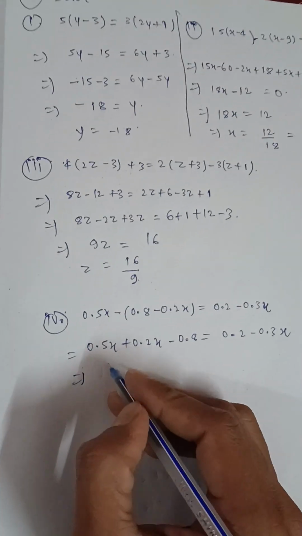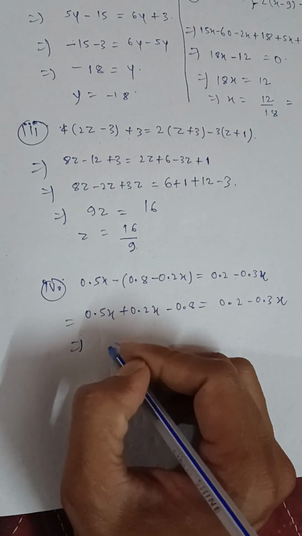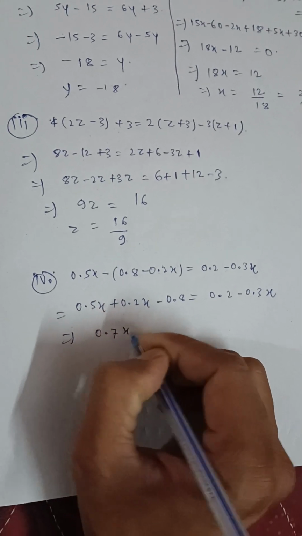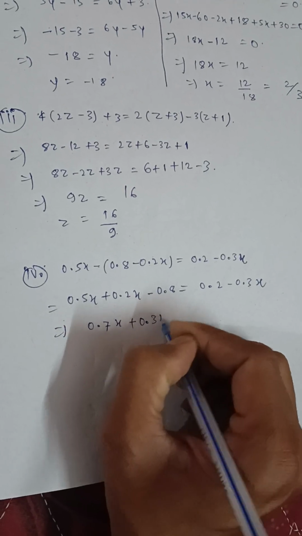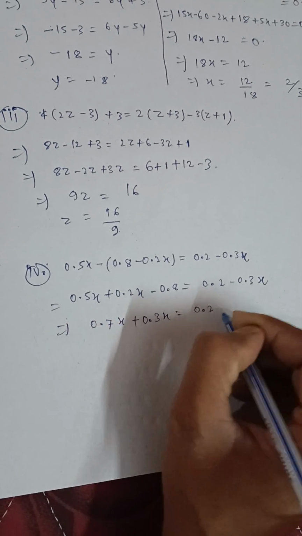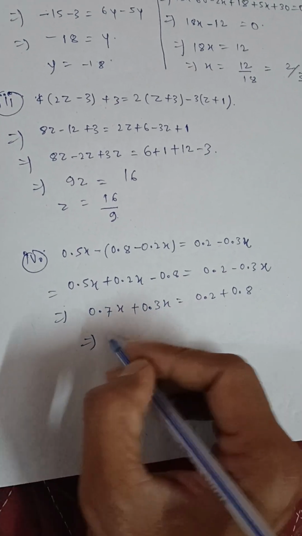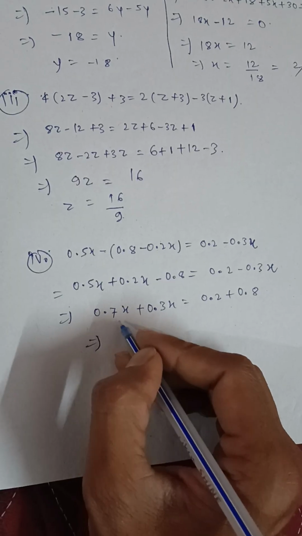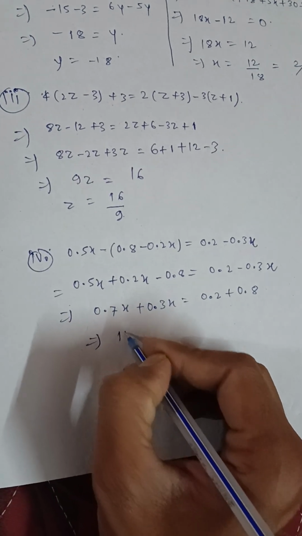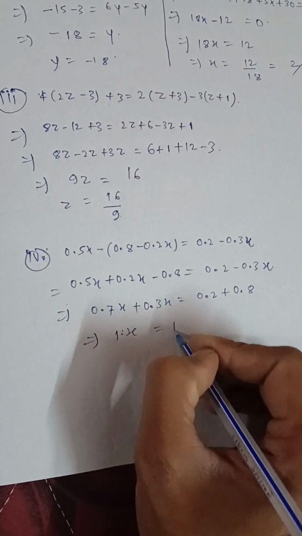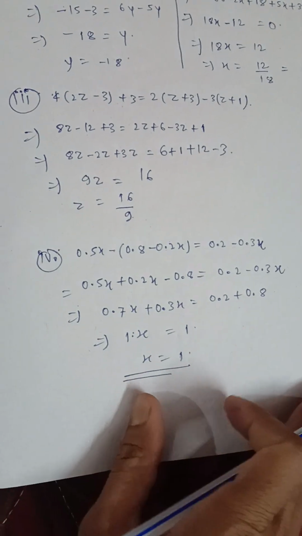So 0.5x plus 0.2x plus 0.3x... 0.7x plus 0.3x equals 1, so x equals 1.